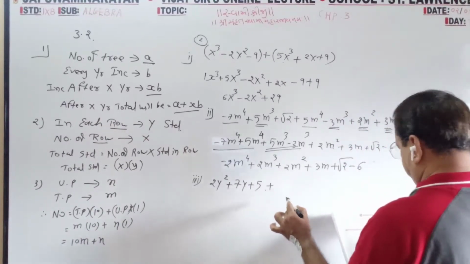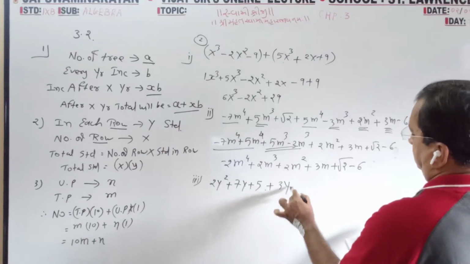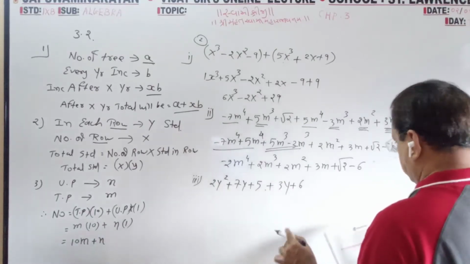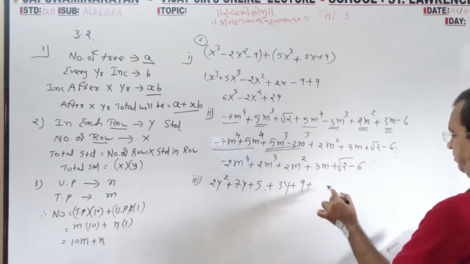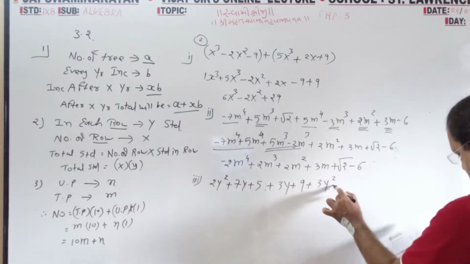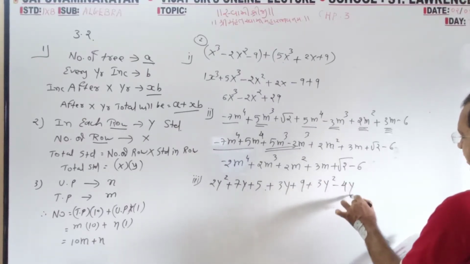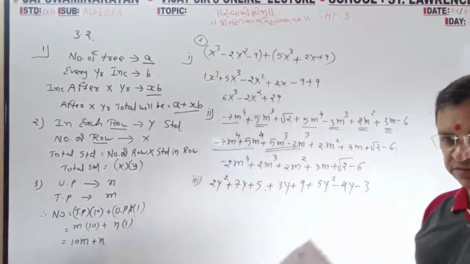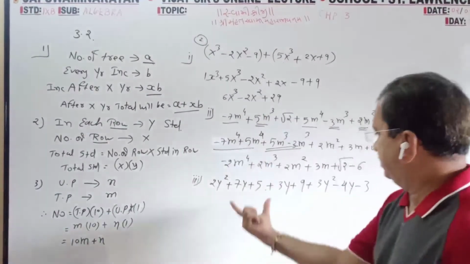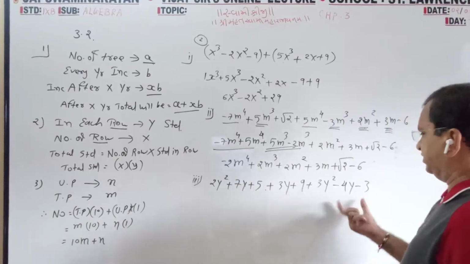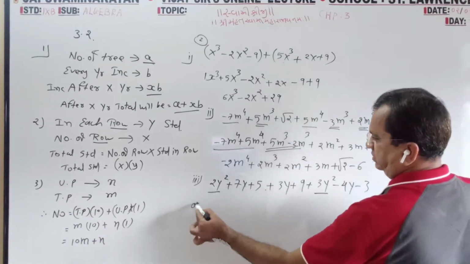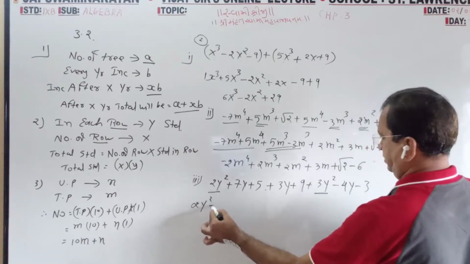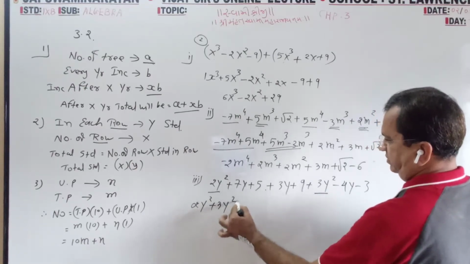First polynomial plus second polynomial plus third polynomial. If it is subtraction then need to write in bracket, otherwise not. Now we will take same power together. 2y square plus 3y square.